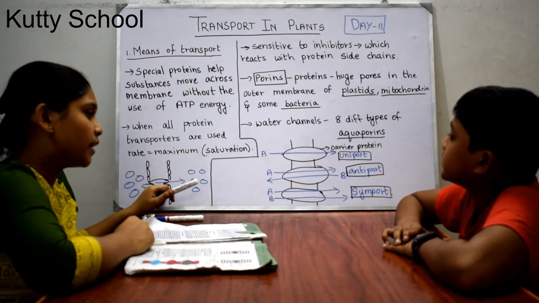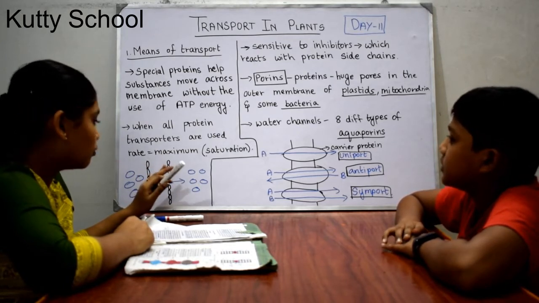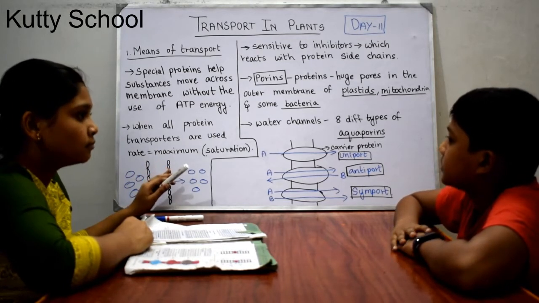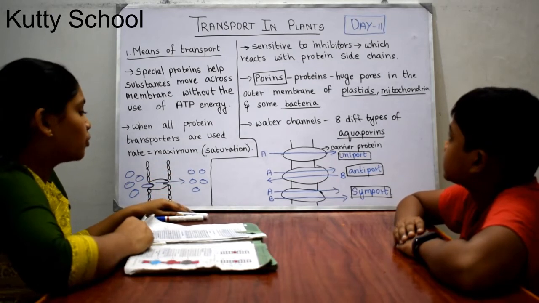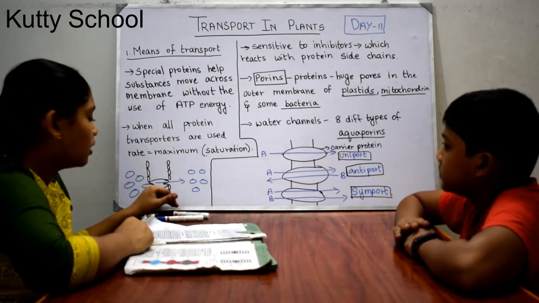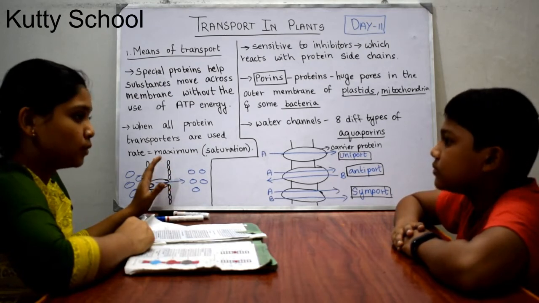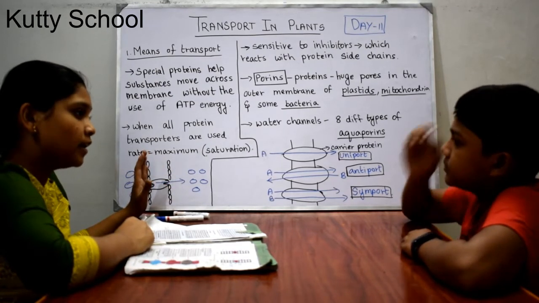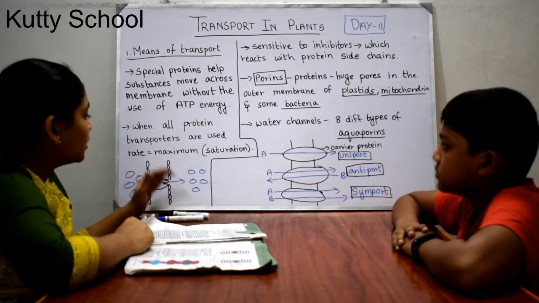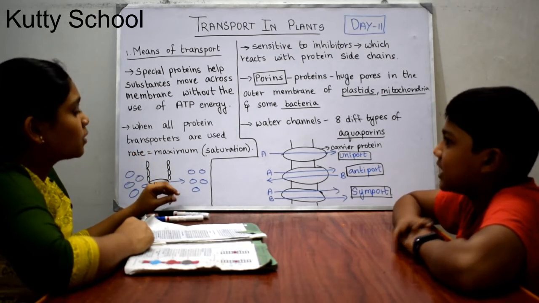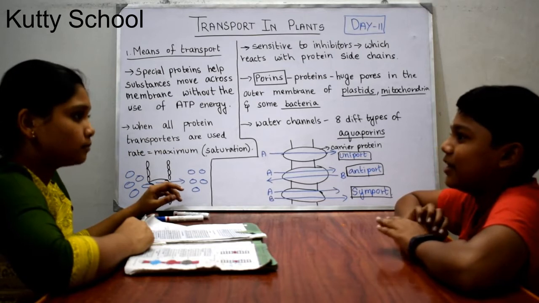They won't carry inhibitors, which react with protein side chains. They carry only the required molecules, they can identify the molecules. It's like verifying us when we are going inside the mall.